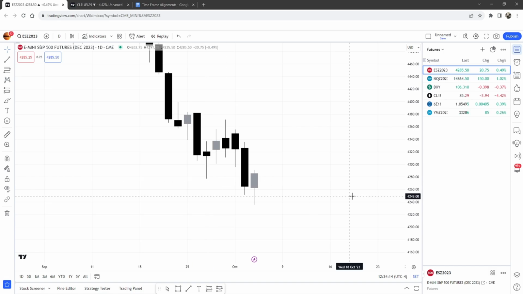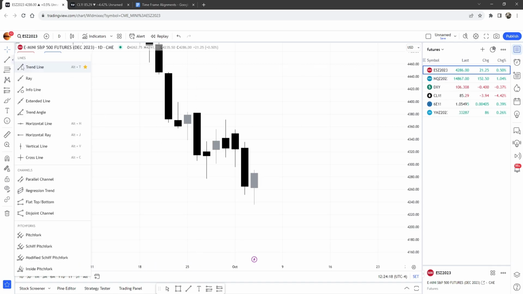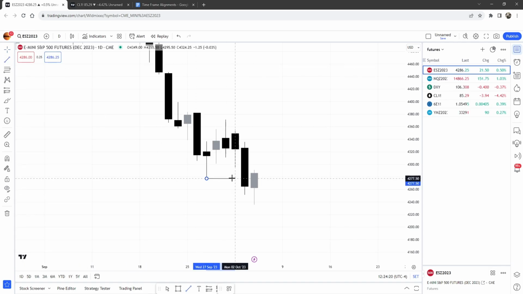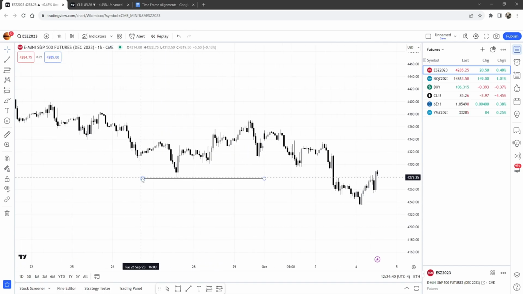Very clear swing low there. Very clear that price is sweeping it. So your daily time frame is directly aligned with your hourly time frame. If we're using a daily PD array, we would look for market maker models on your hourly time frame. Let's move to the hourly time frame.